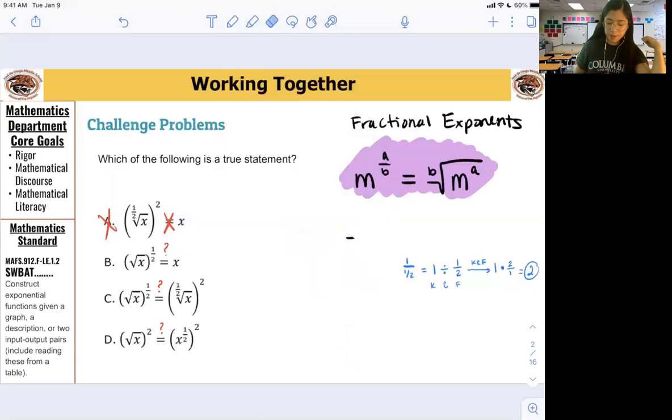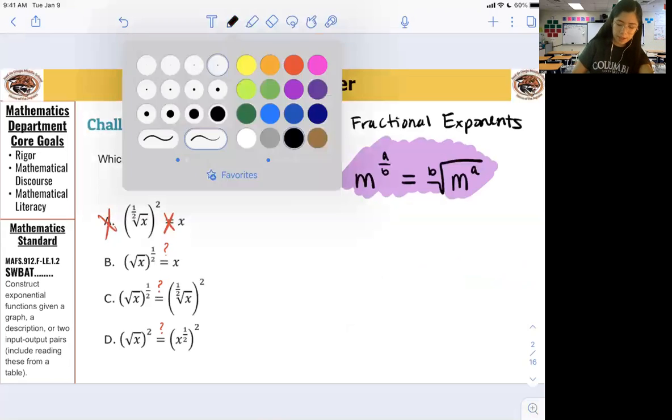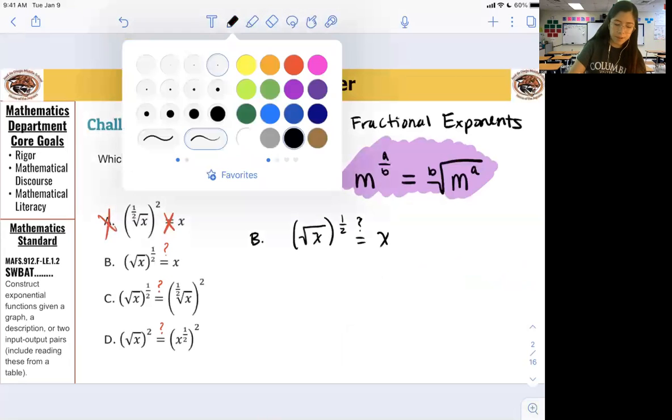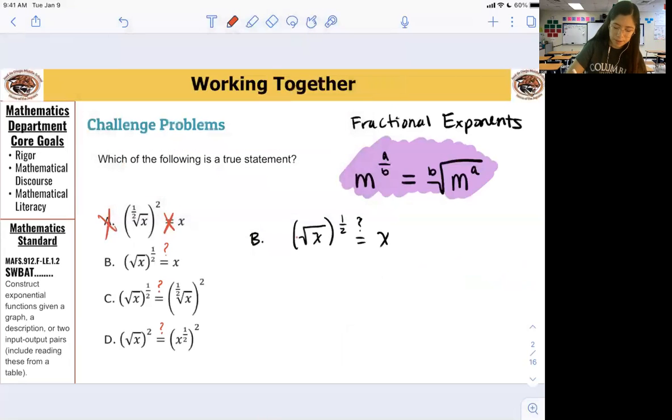And again, we're just checking to see if the left side matches the right side. So here's B. We have the square root of x to the power of 1/2 equals x. Maybe it equals x, we'll see. Okay, so here I have the square root of x.